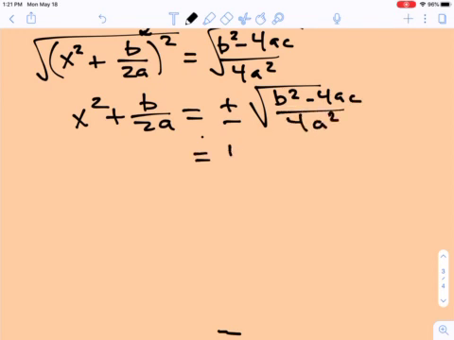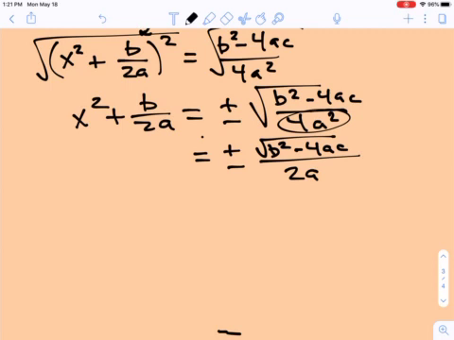Let's clean this up a little bit because I can take the square root of that bottom part. So that gives you just the radical sign on top of b squared minus 4ac all over 2a, because square root of 4 is 2, square root of a squared is a. All right, and that's equal to this.